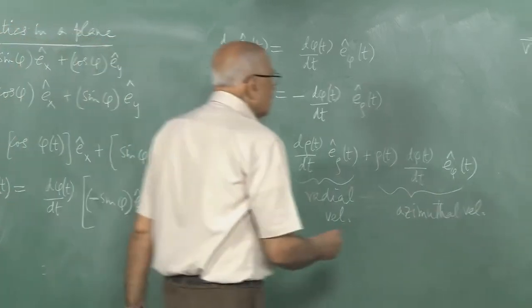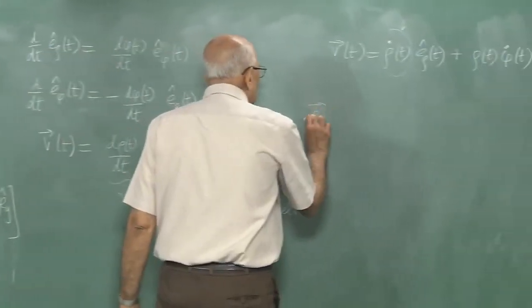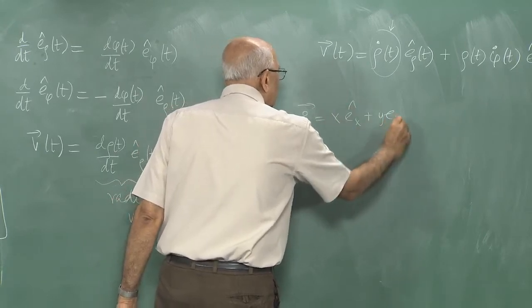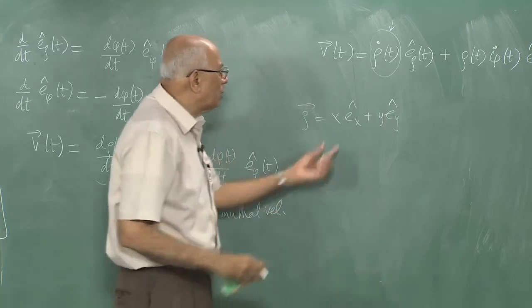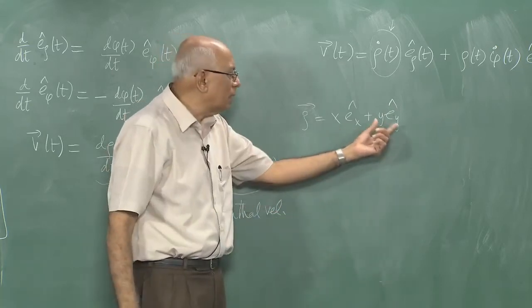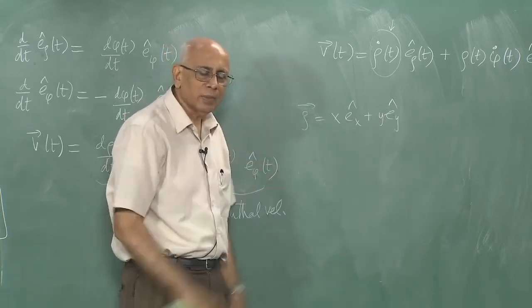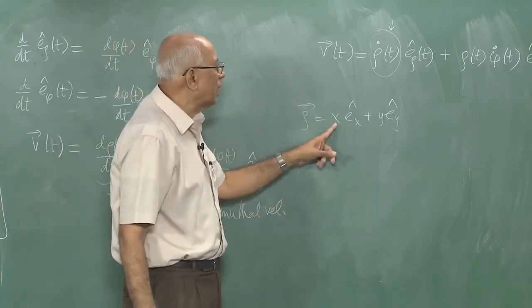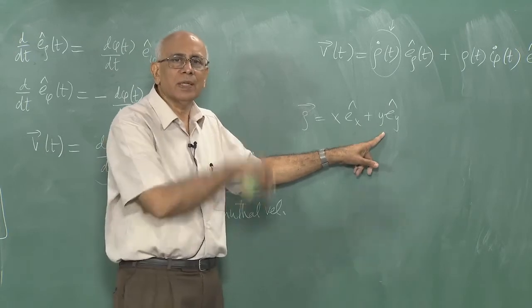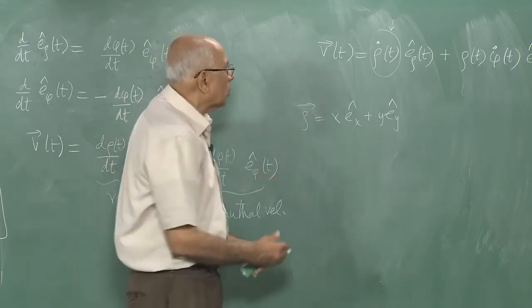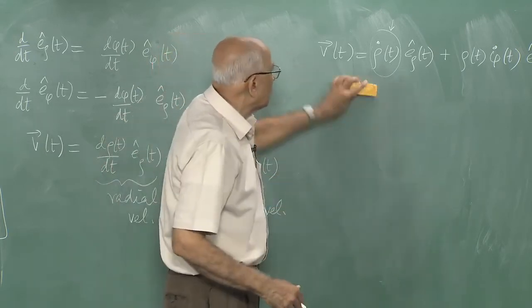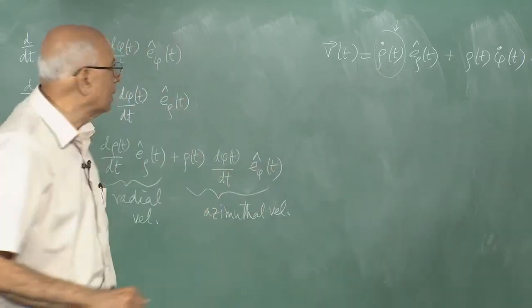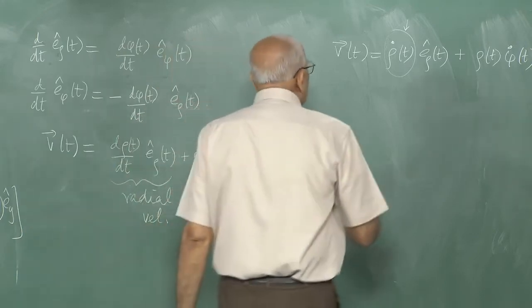What I am saying is, if I write rho equal to x Ex plus y Ey, strictly speaking I should call this the x component and this the y component of the vector, because component means part, but in loose language I often say x is the x component, y is the vertical component of the vector. So in the same sense one often calls this the radial velocity, it is actually the radial speed if you like. So this is the radial part.